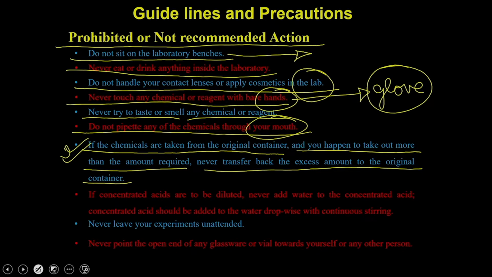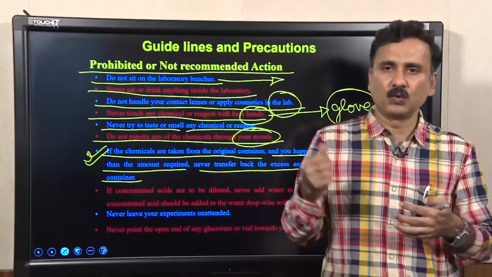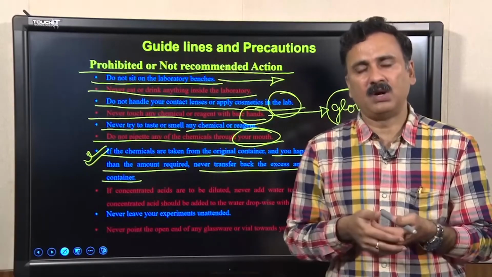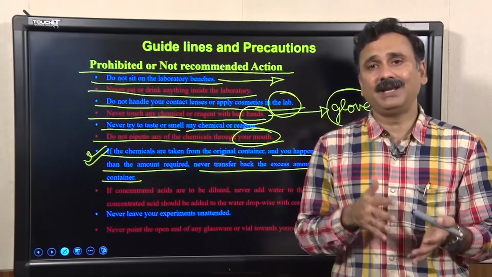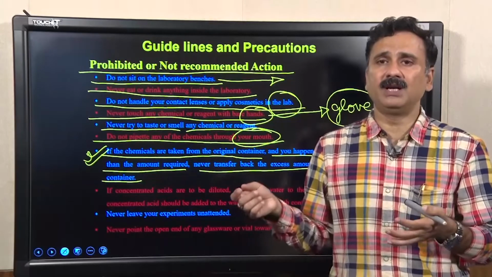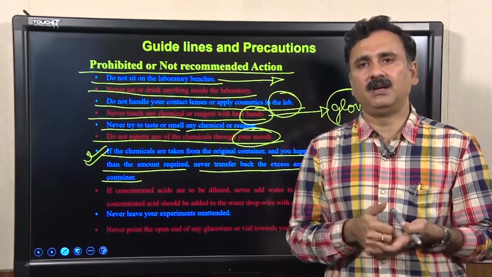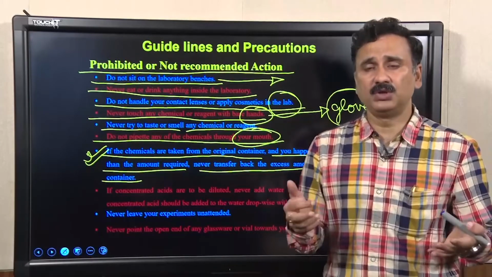For example, if I require 100 mg of a chemical, and by chance, by mistake, when I took out the first scoop I took out 120 mg of the compound, okay. In that case you cannot just pour that 20 mg back, because you need only 100 mg for preparing certain solutions.